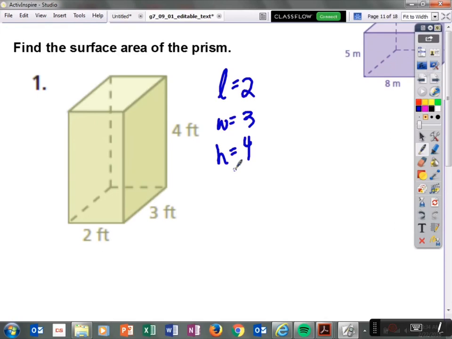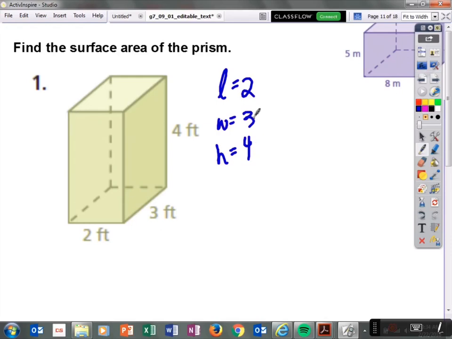Plus. Now, still with length, right? We got length with width. Now we got to get length with height. So 2 times 4. And then plus 3 times 4. Plus 2. And now we got to move on to width.